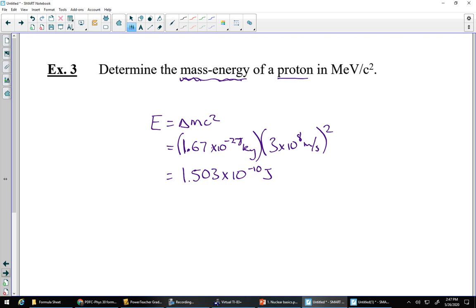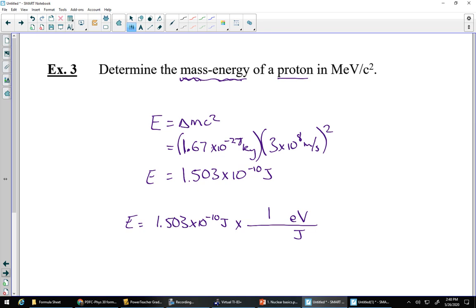Now you probably already guessed with the question, we don't really want joules, we want electron volts, in particular mega electron volts. So I'm going to take 1.503 times 10 to the negative 10 joules and convert it into electron volts. Electron volts goes on the top, joules on the bottom.